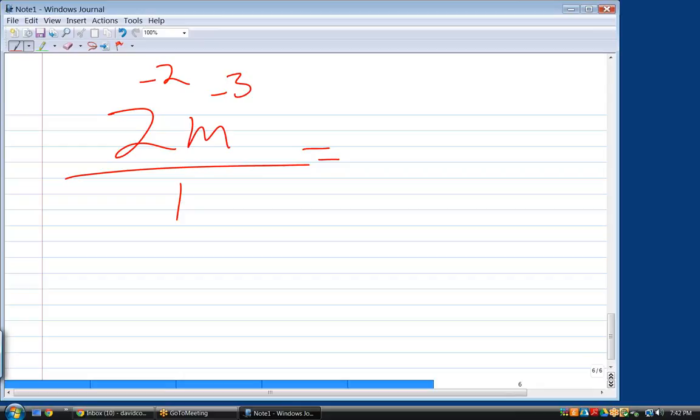Keep going. Keep simplifying. Which is 1/4. Oh, 1/4, my bad. It's all right. You knew it. And then what's m to the minus 3 equal to? It's going to be m to the power of 3. In the numerator or the denominator? Oh, denominator, my bad. So it's going to be 1 over m to the power of 3.